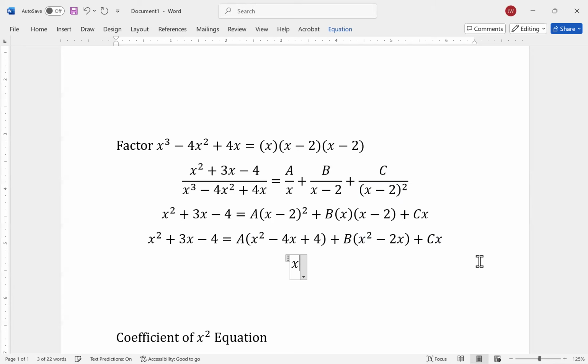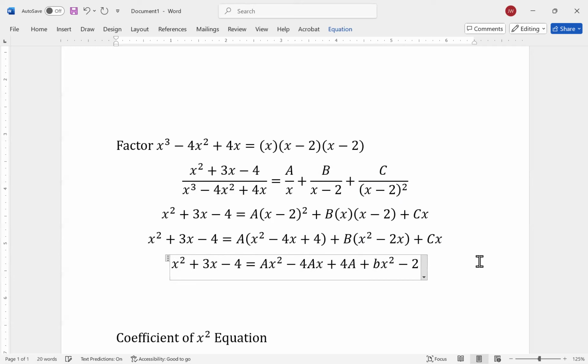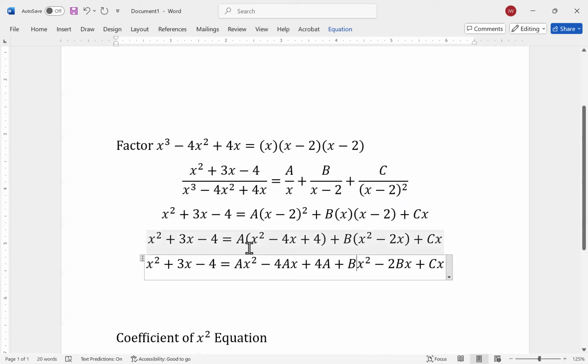So the numerators, we're getting x squared plus 3x minus 4 on the left-hand side. The right-hand side, I have Ax squared minus 4 times Ax plus 4 times A plus Bx squared minus 2 times B times x plus C times x. Oops, that's a lowercase. I should have put a capital. There we go. Hopefully that makes sense.